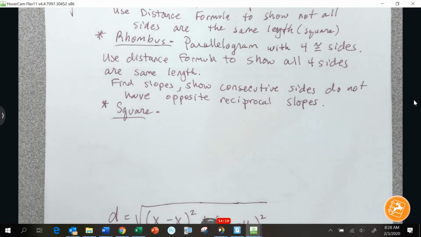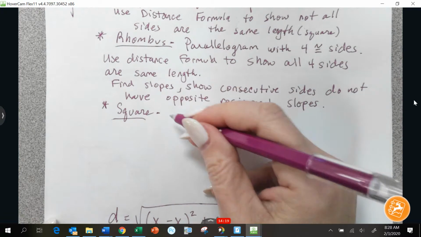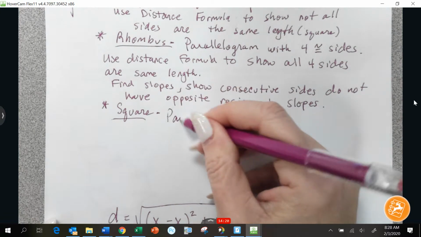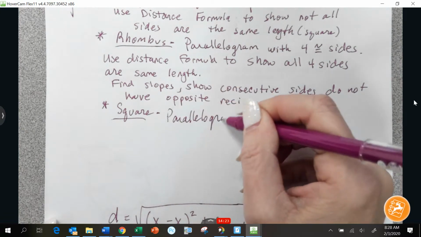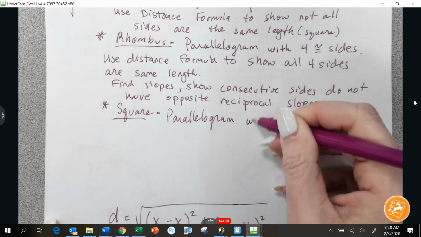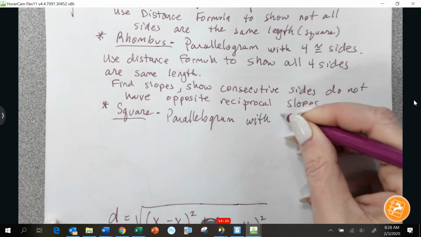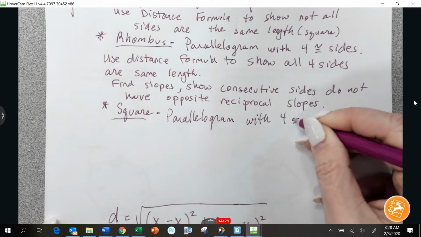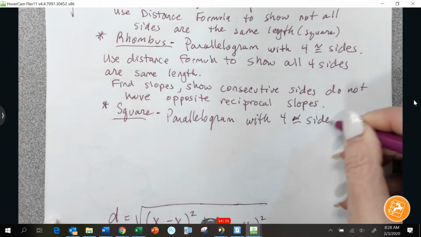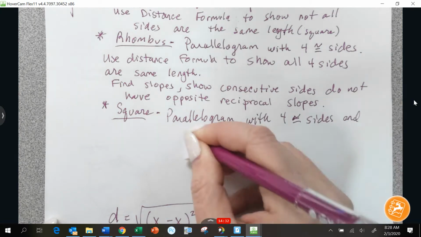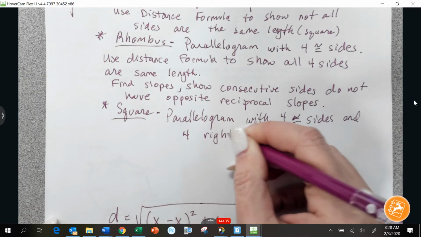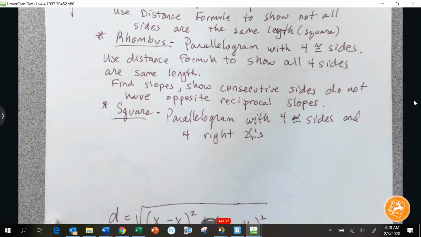And then finally, we got square. Emily, can you tell me the definition of a square? With 4 congruent sides and 4 right angles.